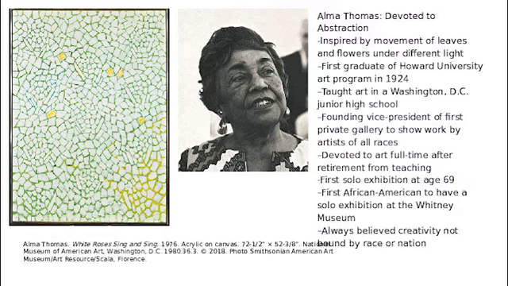But also in a sort of biography of her, she was the first graduate of Howard University's art program in 1924. She taught in a Washington, D.C. junior high school. She was the founding vice president of the first private gallery to show work by artists of all races. And this, I mean, segregation has been a massive issue in all fields, but definitely in the art world as well. So she was definitely paving a new way for a better world there.